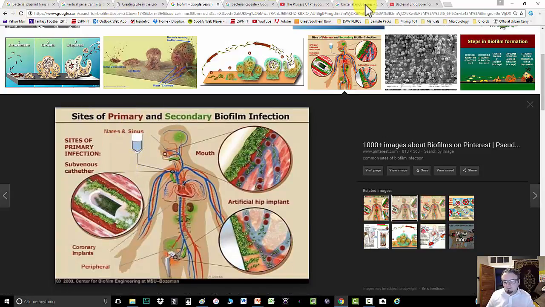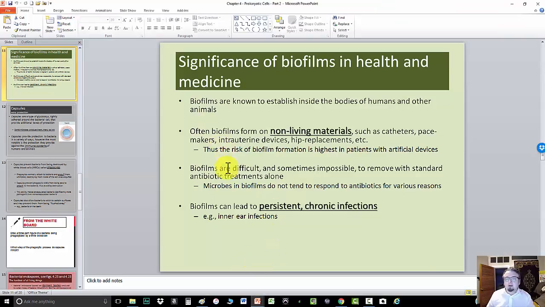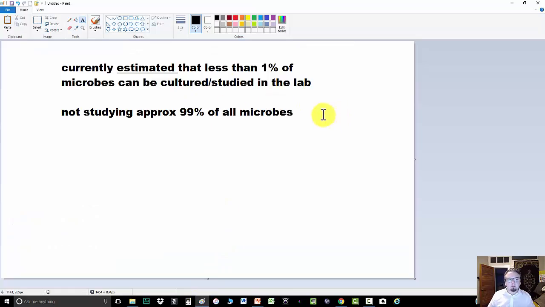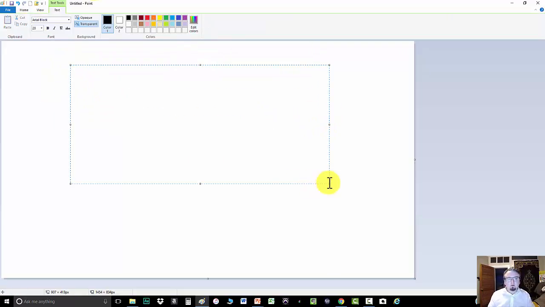So inside of a living person, when this biofilm forms, bad things start to happen. The other thing is that they are quite difficult to treat with antibiotics. Just write that out here. Biofilms do not respond well to antibiotics.